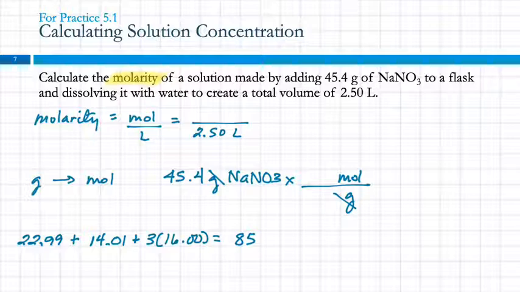Is this an exact number then? It looks like it, right? It's a whole number, right? All whole numbers are exact. No, it's not. This is the calculator not understanding significant figures. All of the numbers I used to calculate this had 4 significant figures. They all had 2 decimal places.